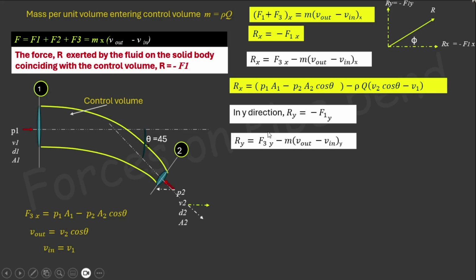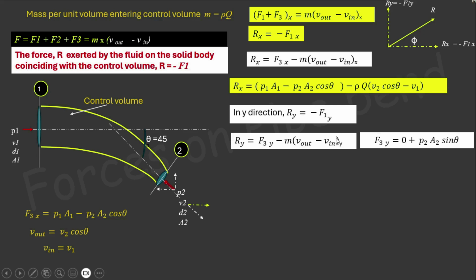So F3y is the force due to the pressure of the fluid outside this control volume in y direction. So here there is no component of the pressure force in vertical direction, whereas here the component of the pressure force in the vertical direction is equal to P2 sine theta. So F3y is equal to 0 plus P2 sine theta into A2.